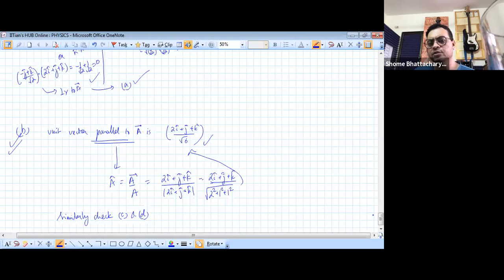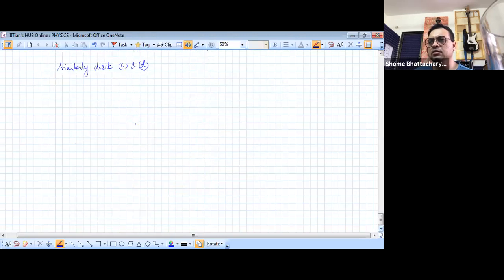Anand, I didn't understand your question. In dot product, we need to multiply the number, or the number with sign, you mean? Yes, with sign. So when we do A dot B, we need to multiply AX and BX plus AY BY plus AZ BZ. So this is with the sign.